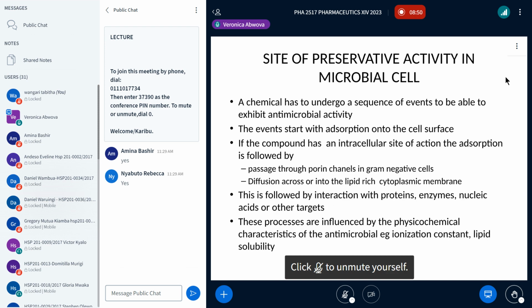So where do these antimicrobials work? Okay, these preservatives, where do they work? So the site of preservative activity in the microbial cell: first, a chemical has to undergo a sequence of events for it to be able to exhibit antimicrobial activity.